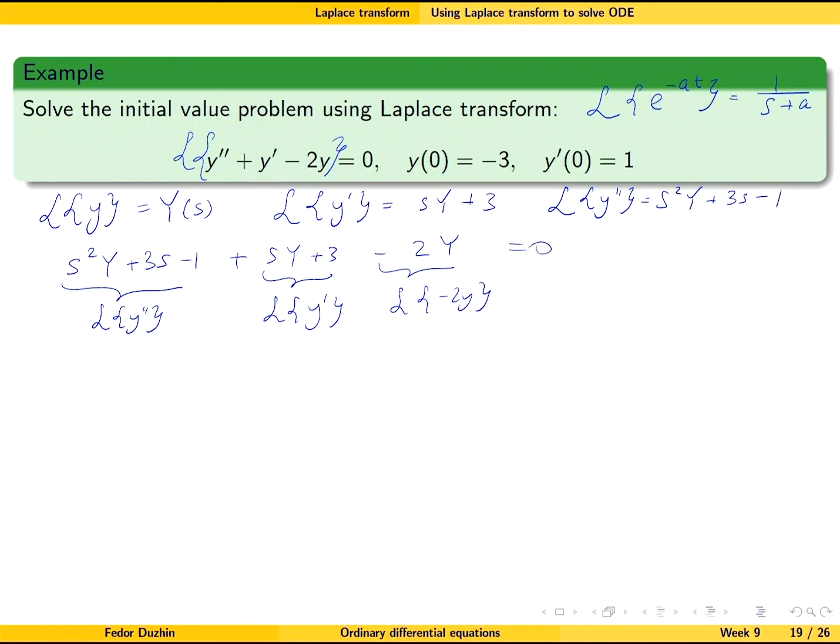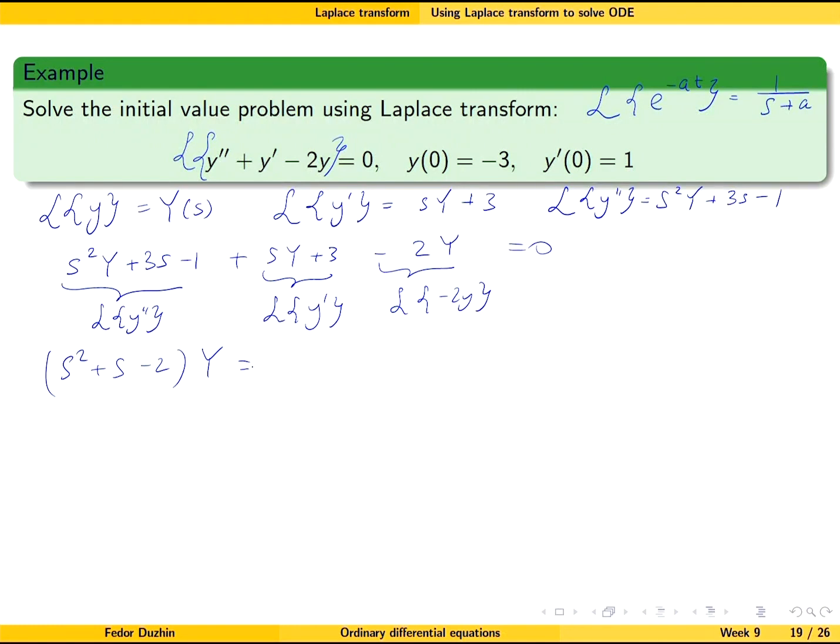When I did that, I used the fact that the Laplace transform is a linear transformation of vector spaces. Let me group together all the terms with Y: s squared plus s minus 2, times Y. And all the terms without Y, I'm going to move to the right-hand side.